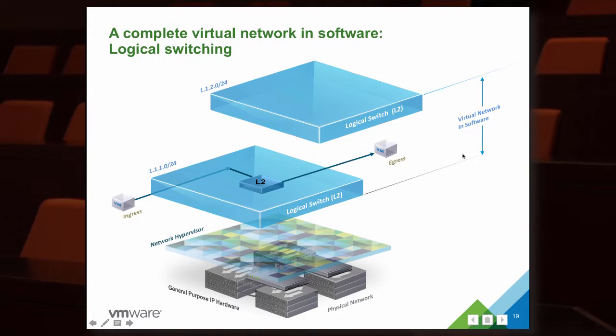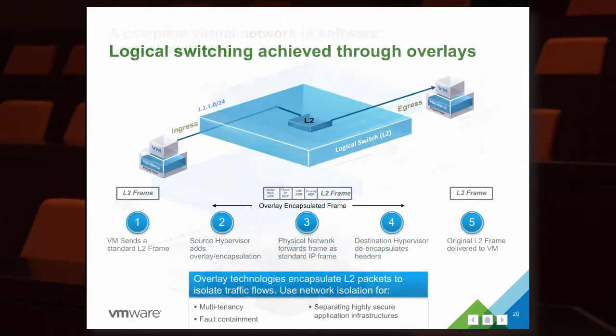Well, it starts through logical switching, being able to provide layer 2 communication and to create the virtual network in software. This is what NSX is allowing us to do. By providing that network hypervisor and allowing the logical switches to reside above it, so that machines can communicate inside of virtual networks without having to deal with choke points inside of the physical network space.